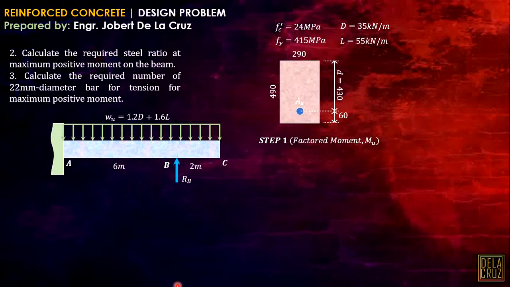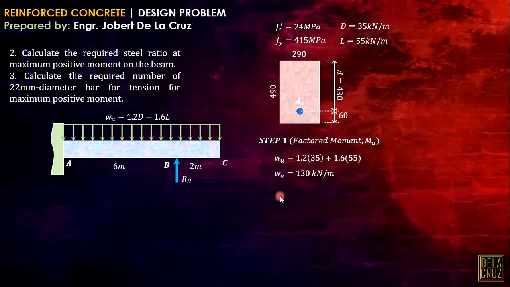For step 1, in designing, dapat makuha natin yung Mu. And of course, para makuha yung Mu, dadaan tayo dito sa theory of structures. So let's calculate na lang muna yung ultimate or the required or the factored load, given by this combination. So we have the dead load and we have the live load and we have this W.